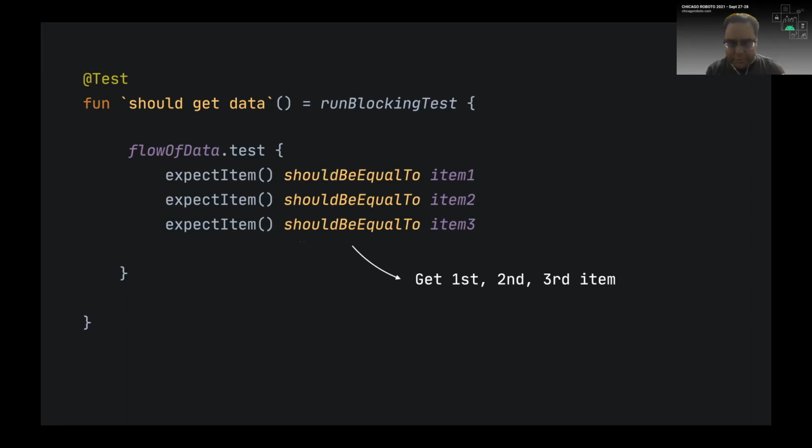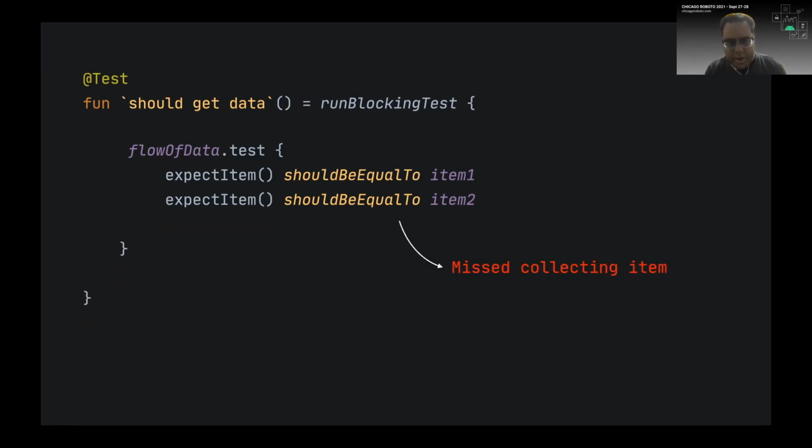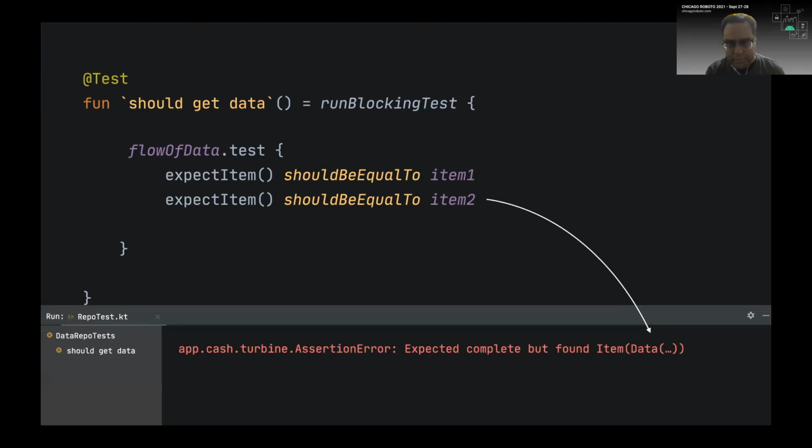So it's really nice, it provides you with the ability to verify the order of emissions. And if you were to miss verifying some emission, something was left over and you didn't account for it in your test, it tells you that, hey, you missed a certain event of verifying it in your test. So which is really nice.